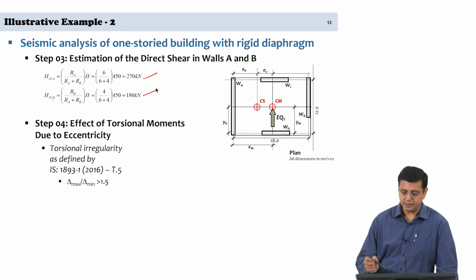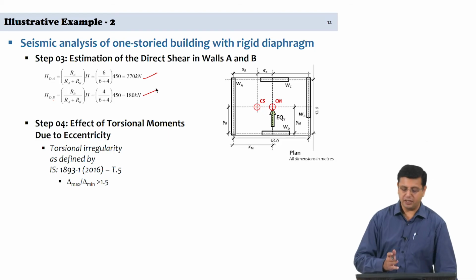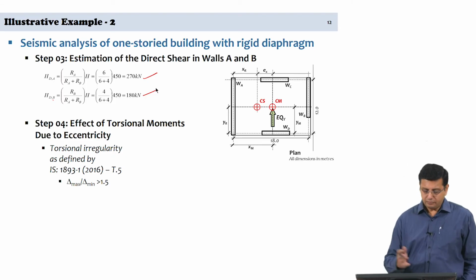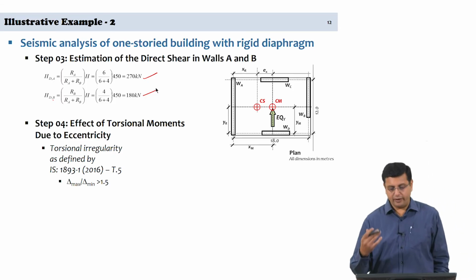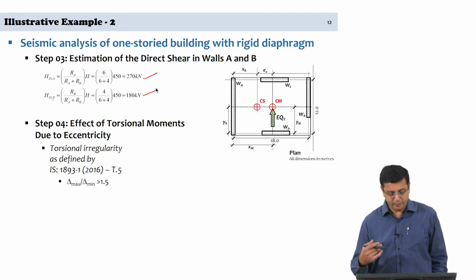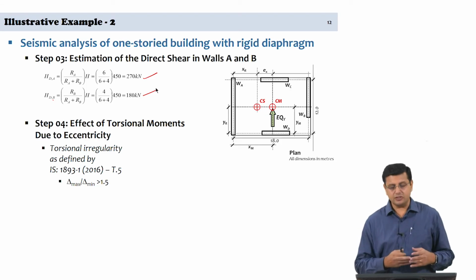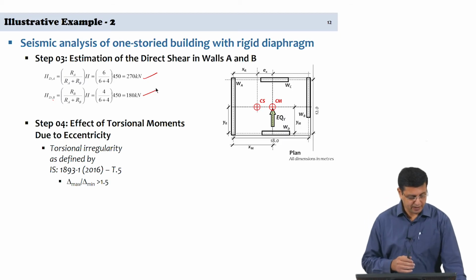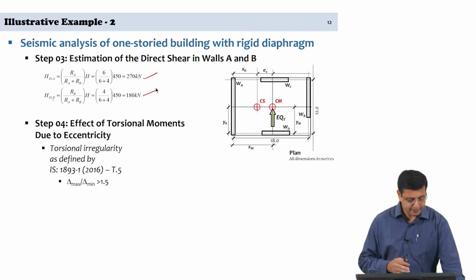If you look at a plan dimension and we are looking at the two walls, wall A and wall B, if the drift of wall A due to the in-plane shear force and the drift of wall B due to the in-plane shear force is calculated, you have one maximum value and one minimum value. The ratio, if it is greater than 1.5, then it is a torsionally irregular building. So, this is the definition of torsional irregularity.